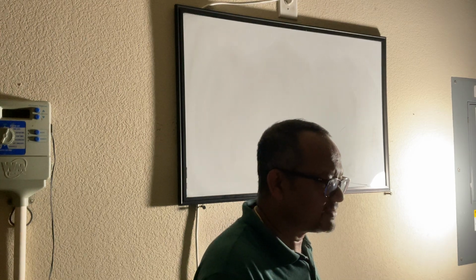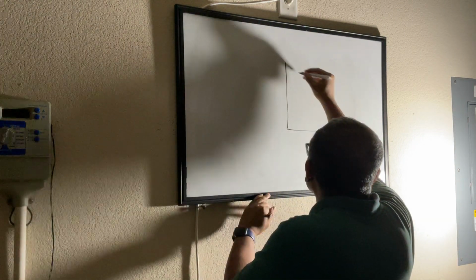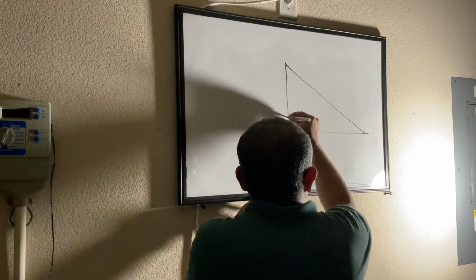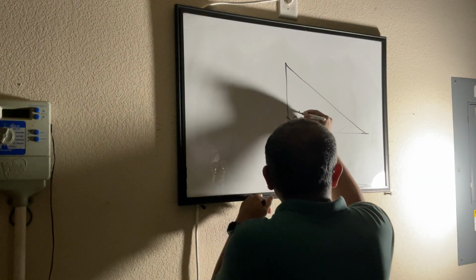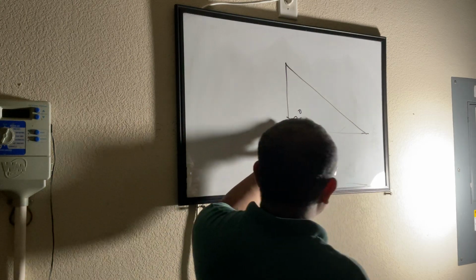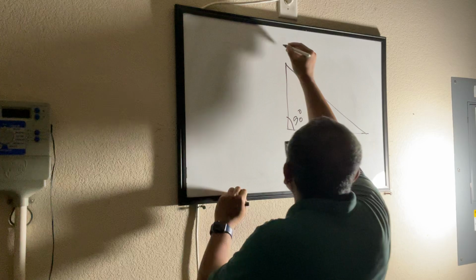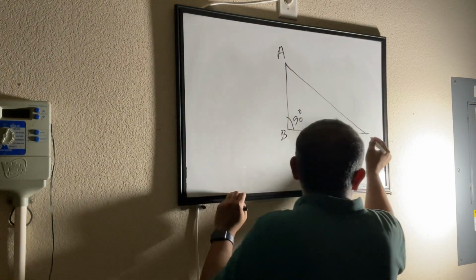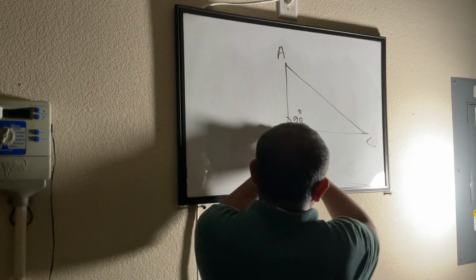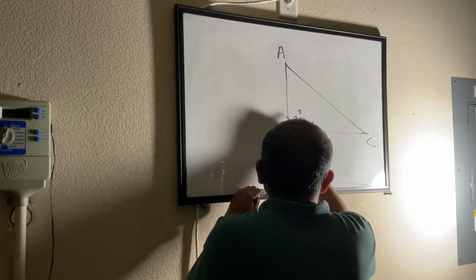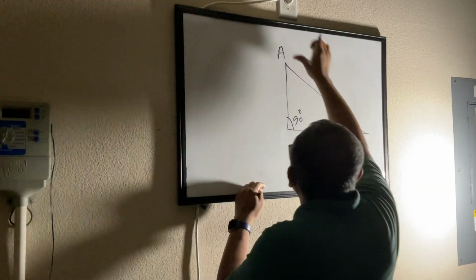Shall we start? Shall we look at the magic behind the Pythagoras theorem? Let's say this is my right angle triangle. This triangle will be called a right angle triangle because it has one angle which is 90 degrees. And the side opposite to that is called the hypotenuse. Let me not call it A, B, C because this will create confusion.